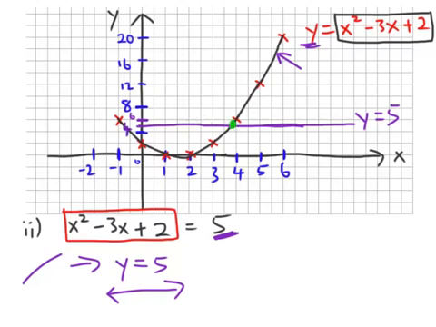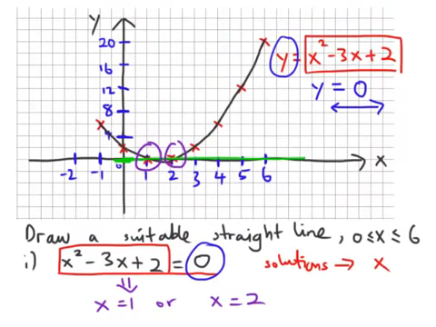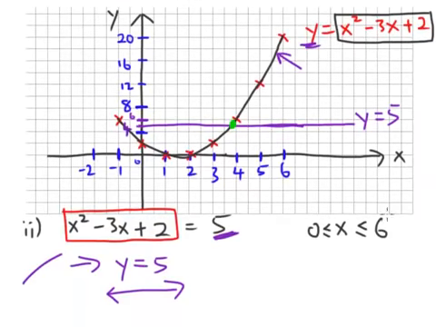Because the question says they want the x value between 0 and 6, like what we did just now, between 0 and 6 for the x. So we do the same thing here. This is the intersection point.